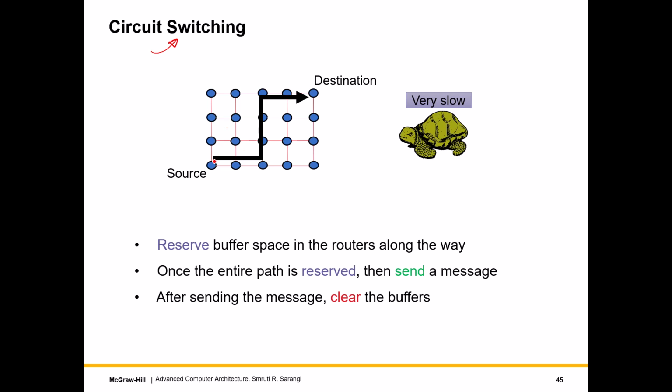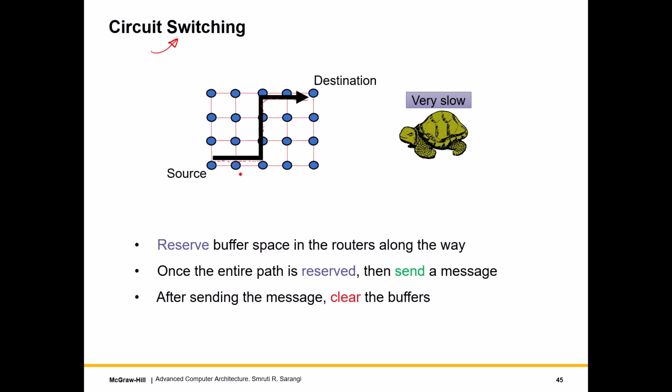So what we would do is we would first send a small flit, which would take some path, and then it would reserve all the buffer space for the entire path, right? Such that once the message is sent, there is nobody to stop it. We have enough buffers available, and the entire message is sent from the source to the destination in one go. So after we send the message, we clear the buffers.